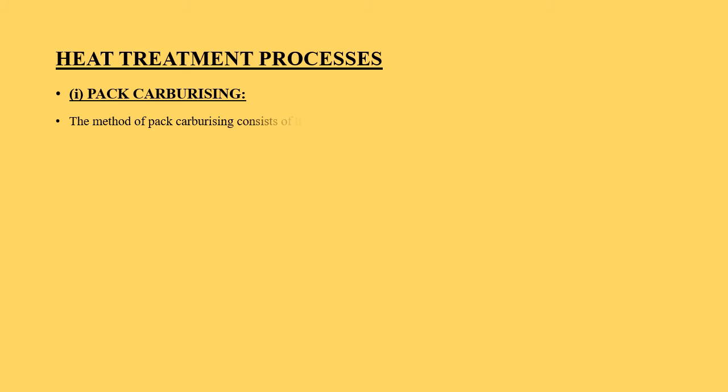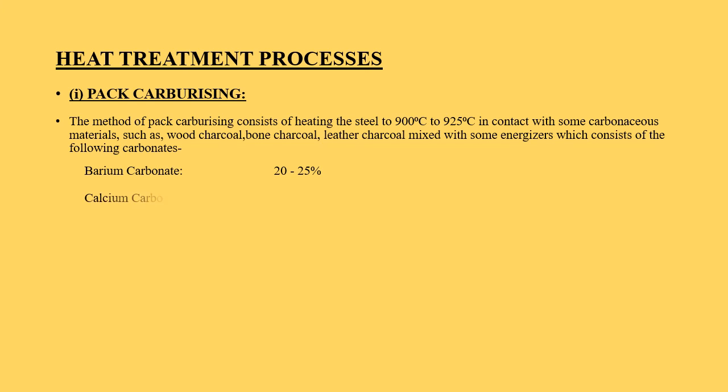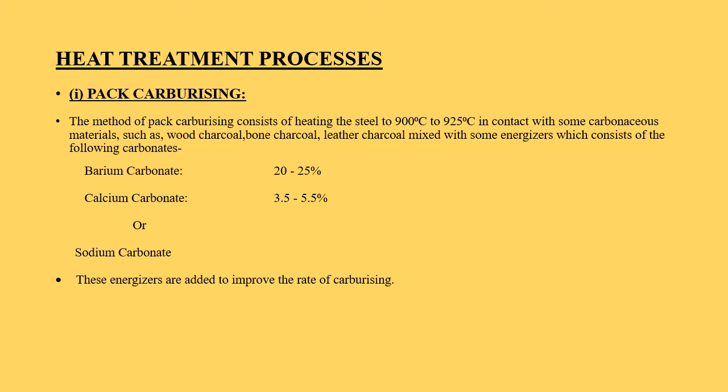Pack carburizing is the method of heating the steel to 900 to 925 degrees centigrade in contact with some carbonaceous materials such as wood charcoal, bone charcoal, leather charcoal mixed with some energizers which consist of barium carbonate 20 to 25%, calcium carbonate or sodium carbonate 3.5 to 5.5%. These energizers are added to improve the rate of carburizing.